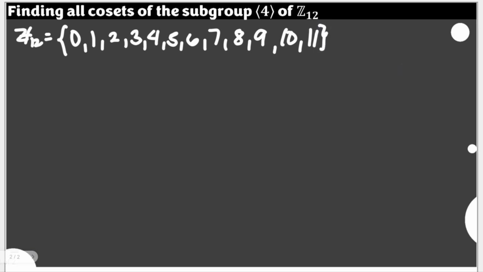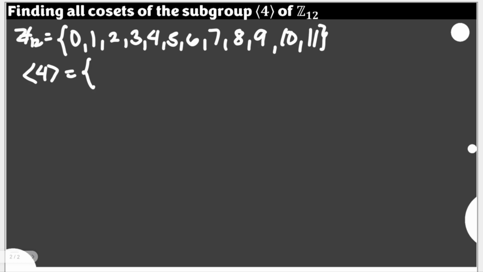Now for our subgroup generated by 4, we're going to list all possible remainders when we generate with 4 as our generator and divide by 12, because that's addition modulo 12 as well.